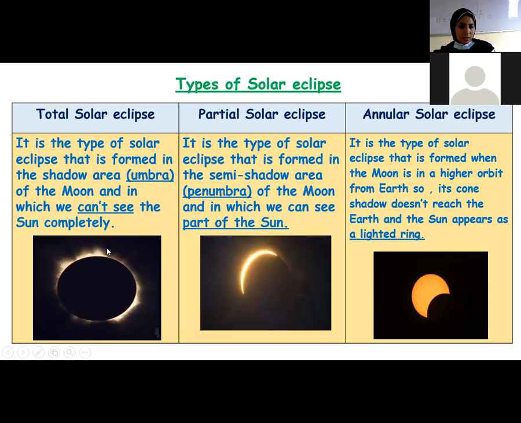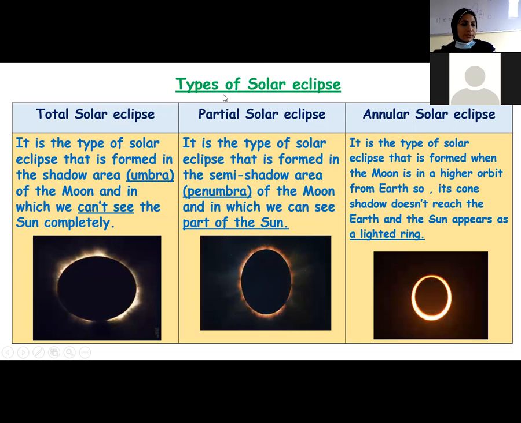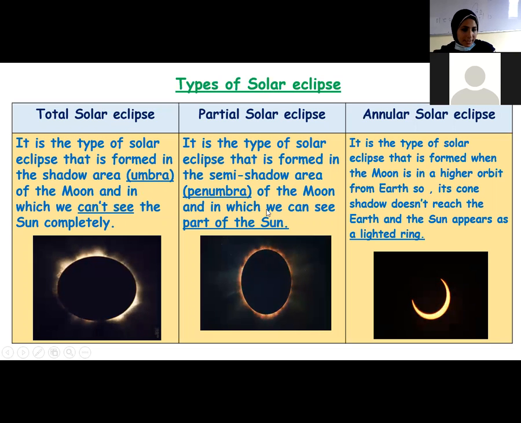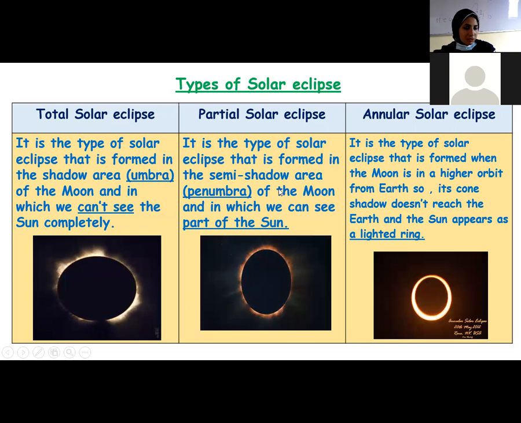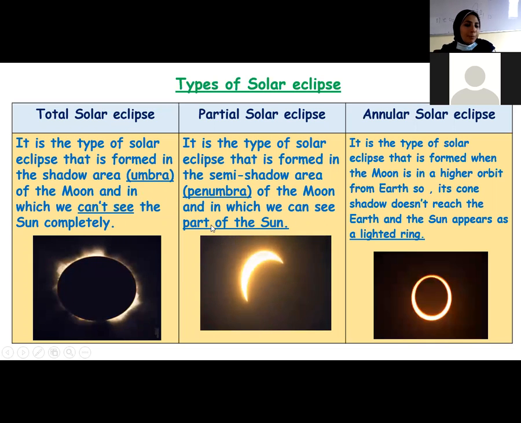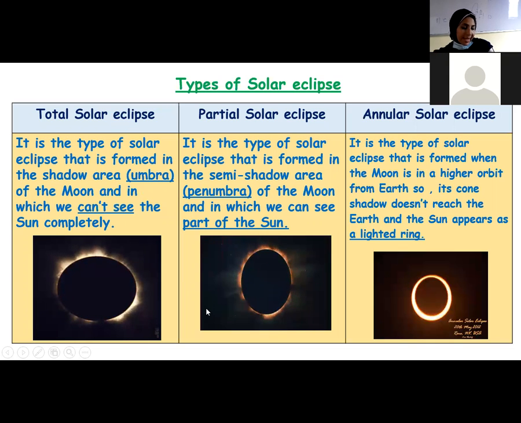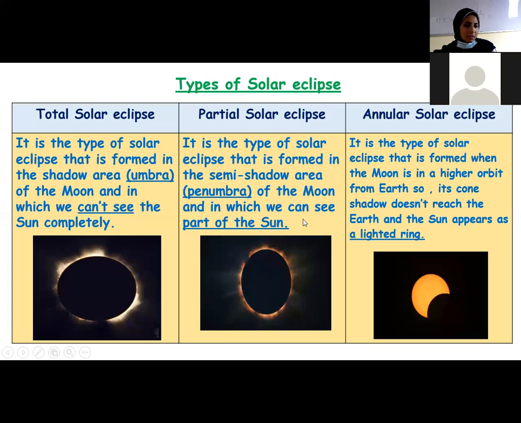But the partial solar eclipse happens in the semi-shadow area that is called the penumbra shadow. So we can see part of the sunlight like this.